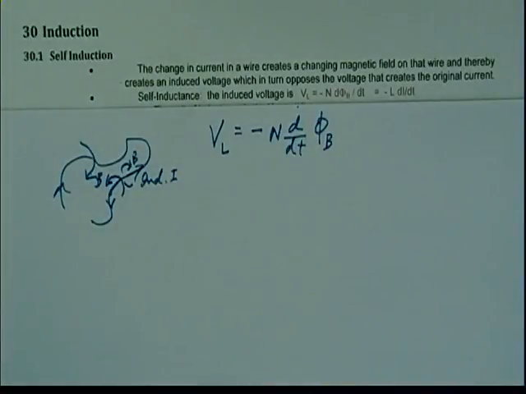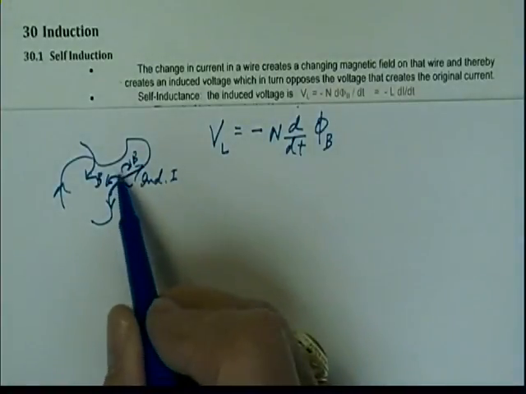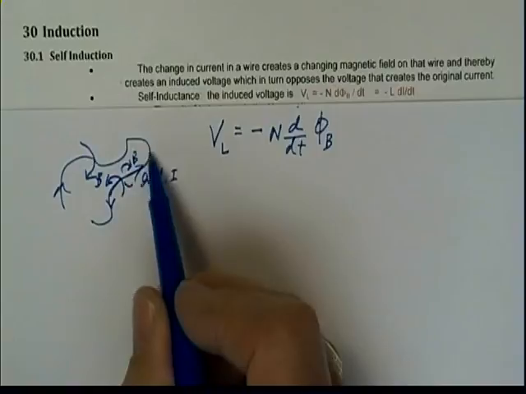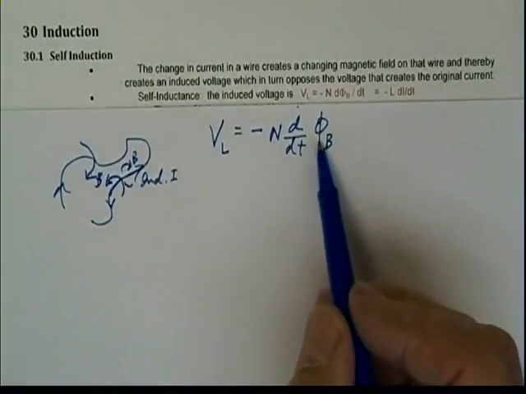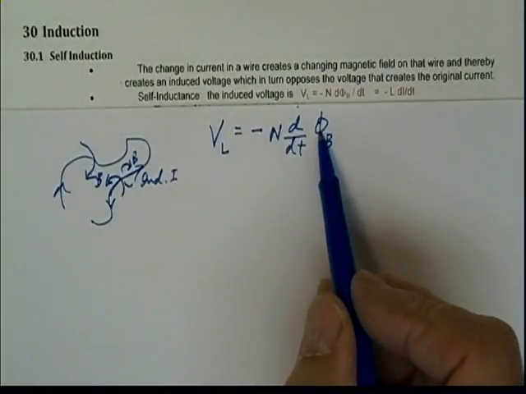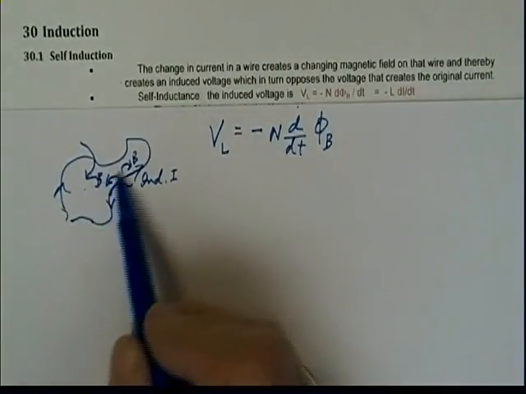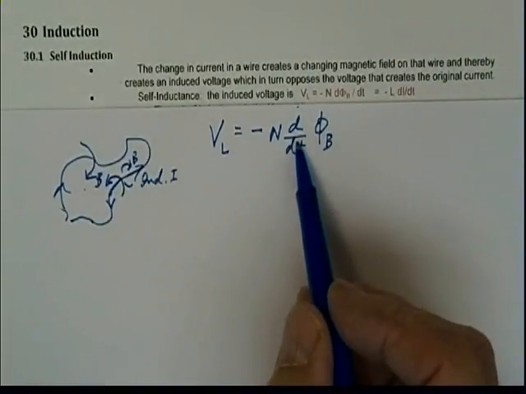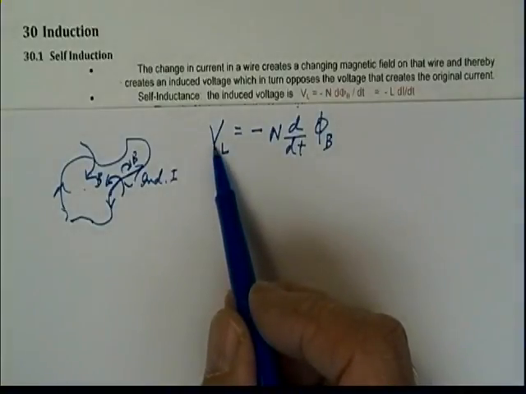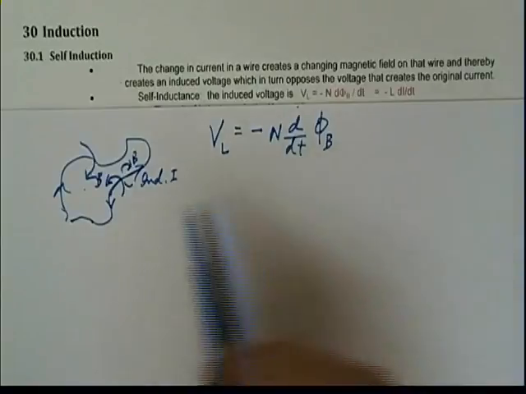Now, the flux in that magnetic field can come from changing the shape of the wire, or it can come from changing the current that goes through here. But however it's done, if the total flux through this loop changes, then in fact we will induce a voltage itself, so that we have a self-induced voltage.